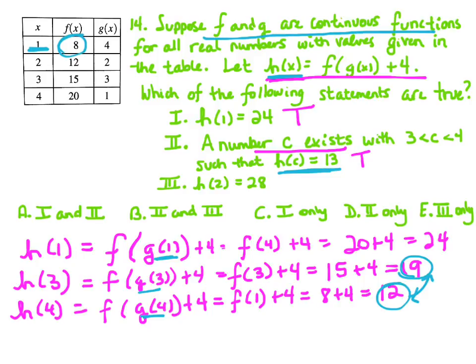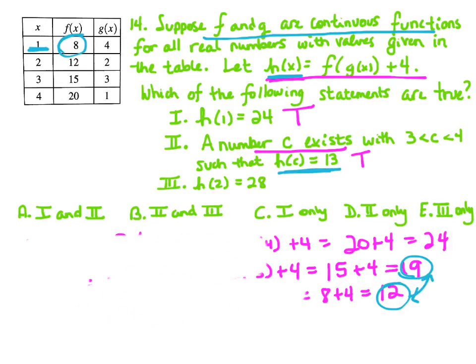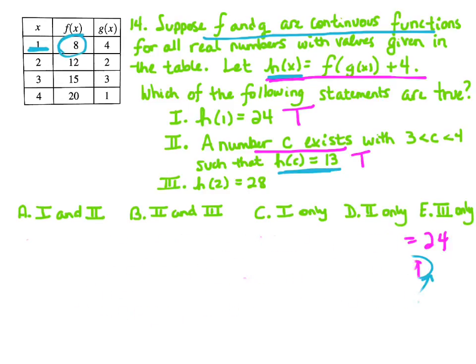Finally, the last one: does h of 2 equal 28? I'm going to erase some of this stuff down here so I have a little more room to work. h of 2 would be equal to f of g of 2 plus 4. Again, I need to start out by finding g of 2.